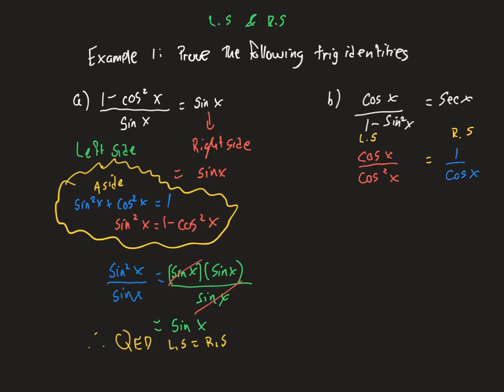So on my left side here, I'm noticing that I have cos x divided by cos squared x, which is the same thing as saying cos x divided by cos x times cos x. Can cancel out one of my cos x's, giving me 1 over cosine x. Can't do anything more there.